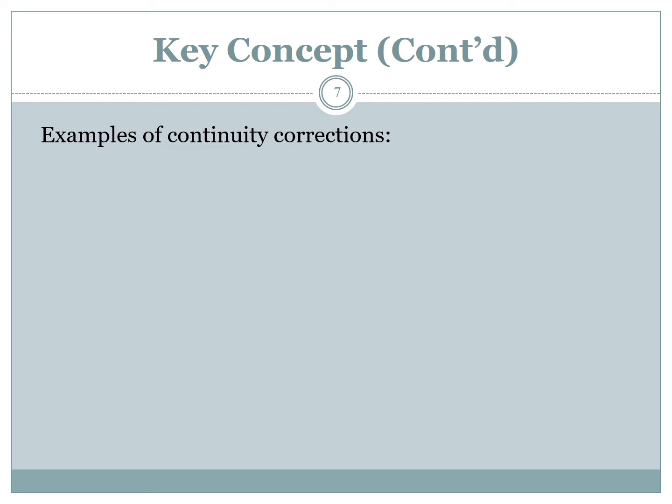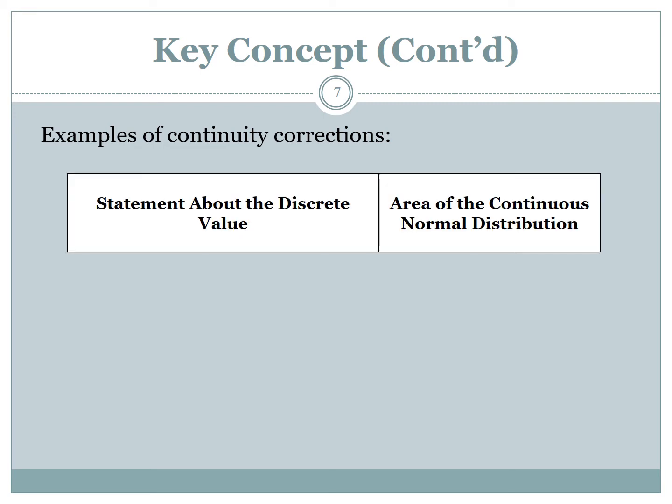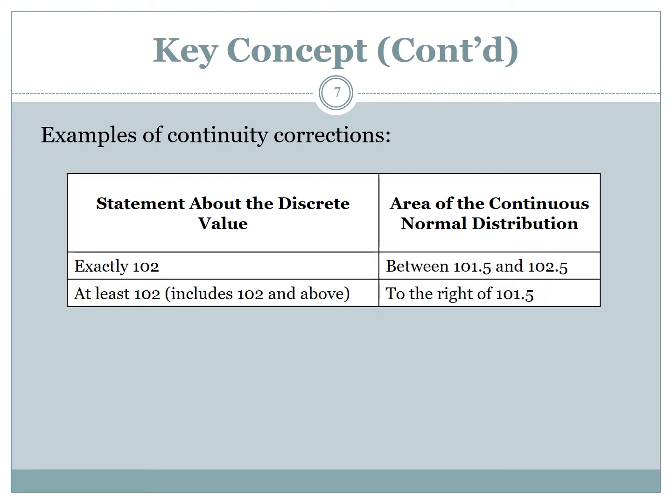So what I'm going to give you here is a list of continuity corrections that I think would cover every case that you're going to come across. On the left side, I'm going to show you a statement about the discrete variable, in other words, the binomial. And on the right, I'm going to give you the equivalent statement that we have to make for the continuous normal distribution.